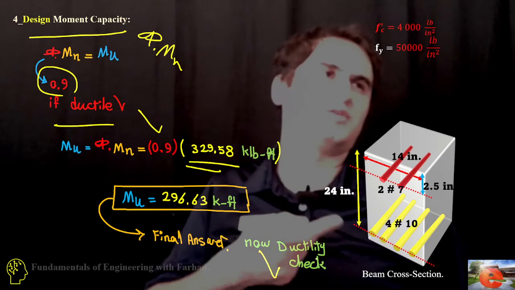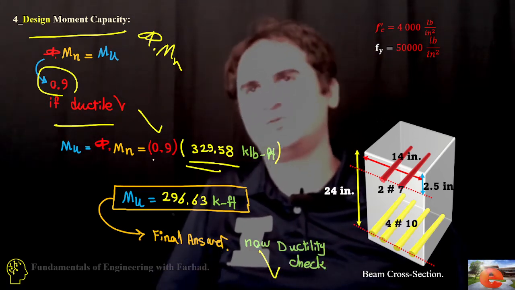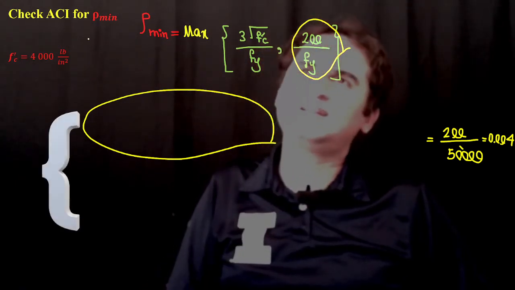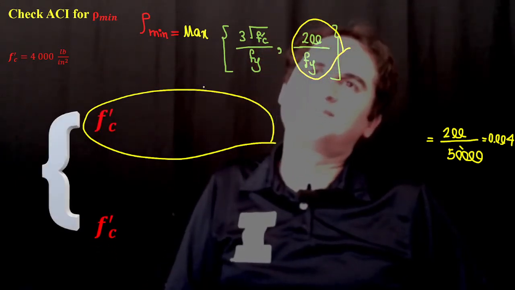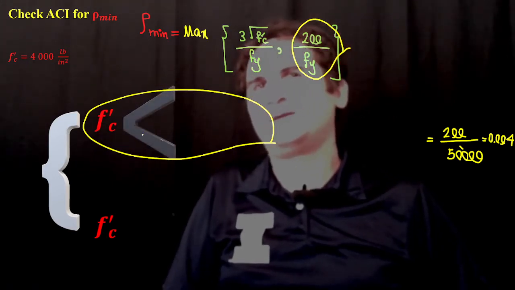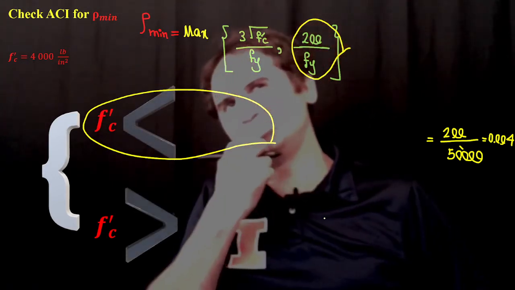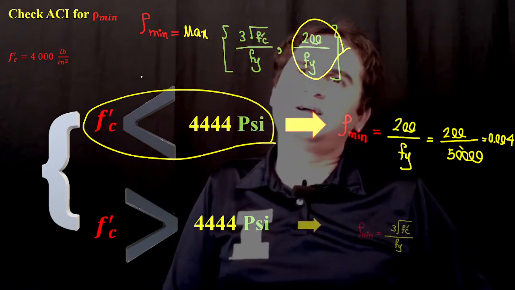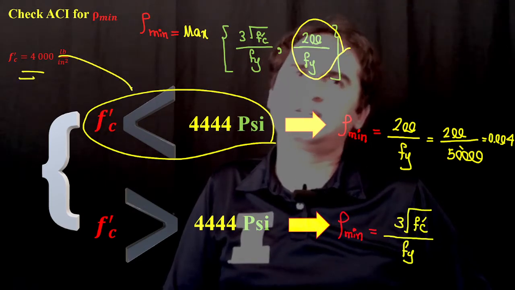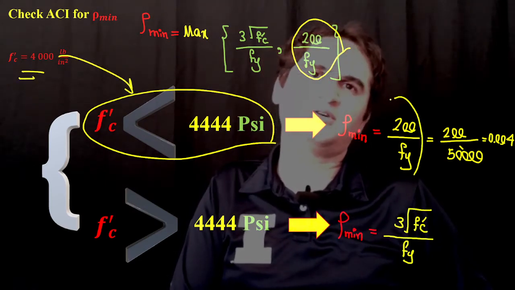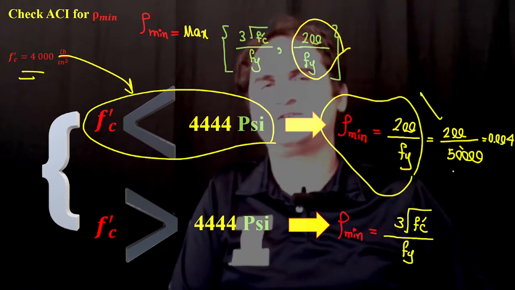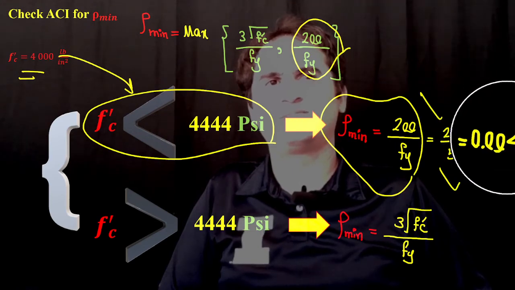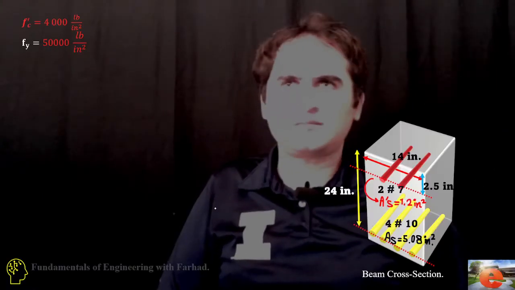Now we check the ductility of our behavior. We want to see if our problem is ductile or not. The very beginning check is for f prime s, which is again 4,044, and because that's more than 4,000, that's definitely in the first category, and 200 over fy is controlling, 200 over 50,000, which gives us 0.004. That's the controlling.